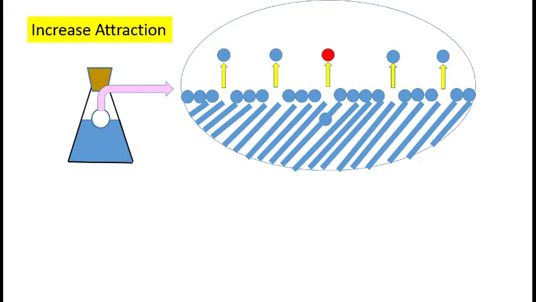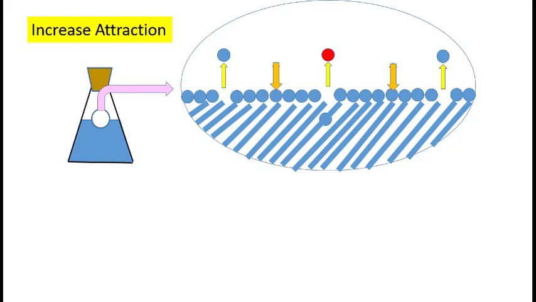But first, let's go back and consider the effect of intermolecular forces on vapor pressure. We just had this situation that shows some of the molecules going into the gas phase. But what if the attractive intermolecular forces were stronger? In other words, what if the molecules stuck together more tightly?